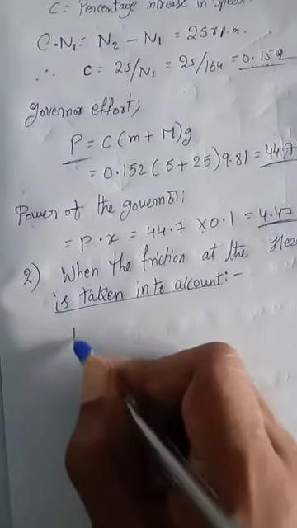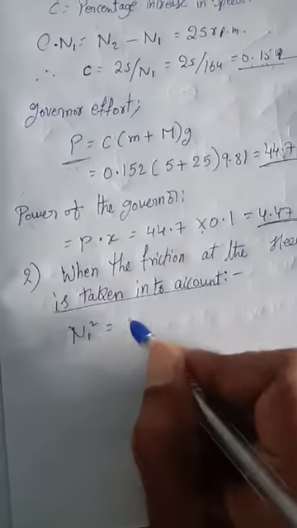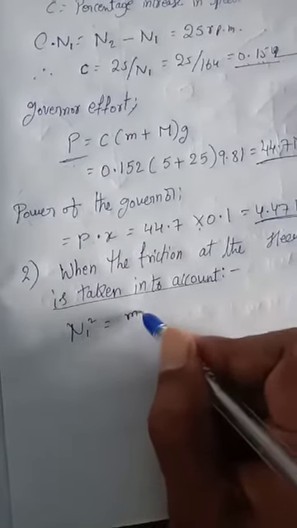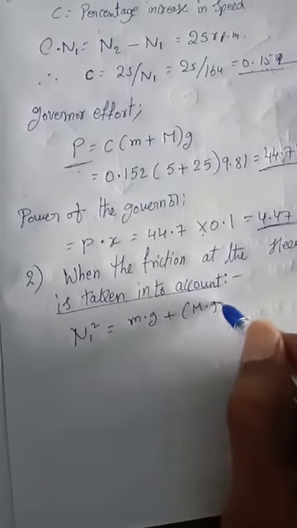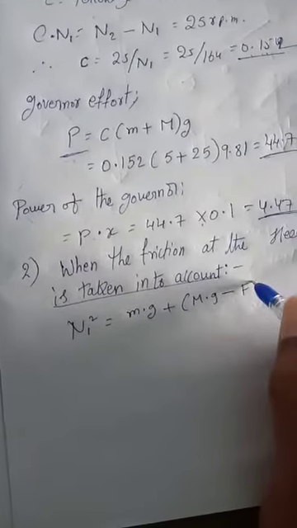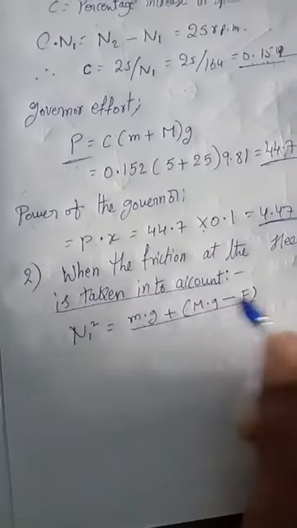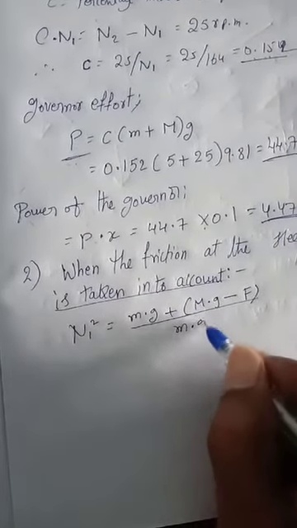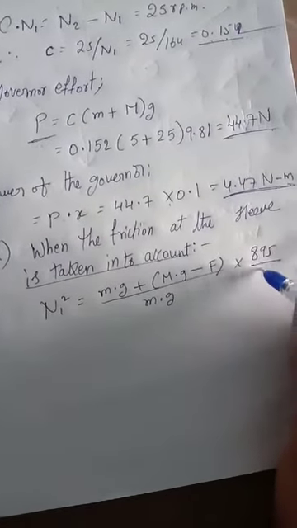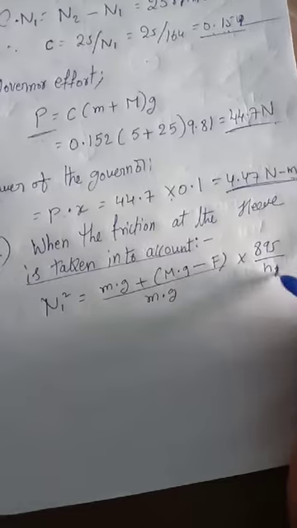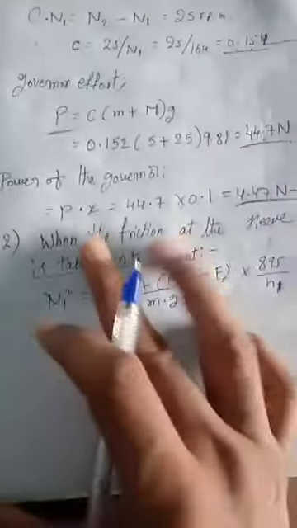So then we know N1 square is equal to [(m g plus M g minus F) divided by (m g)] into 895 divided by h1.